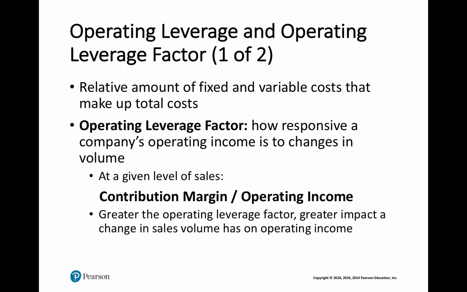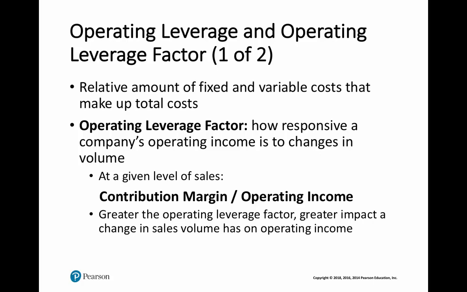That tells us our net operating income should increase by 20%. So a 10% change in sales results in a 20% change in net income. At the same time, company B has an operating leverage of 5 and also has a 10% increase in sales. 5 times our 10% increase tells us that our bottom line, our net income, should increase by 50%.